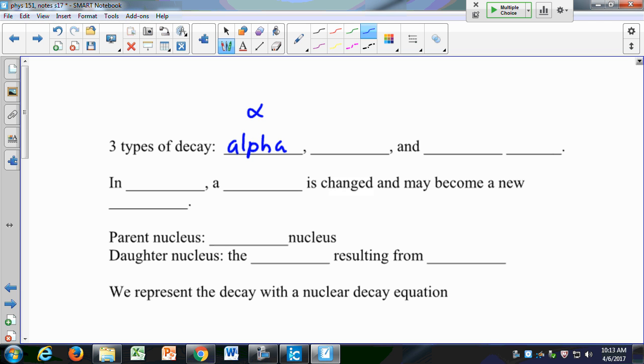Sometimes you'll see the Greek letter alpha, sometimes the Greek letter beta, and then gamma decay. You need to know what each of these three are and how they work. Your book goes into this and describes them and gives some examples, but I'm going to give lots of examples too. Gamma, by the way, looks like that. That's the Greek letter gamma. Sometimes you'll see those Greek letters, but I'll write them out on the test.